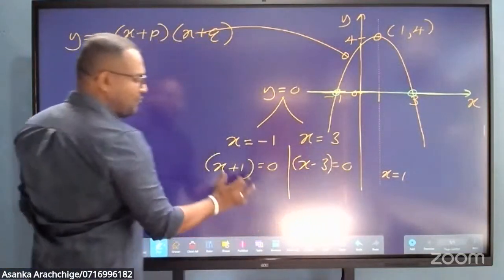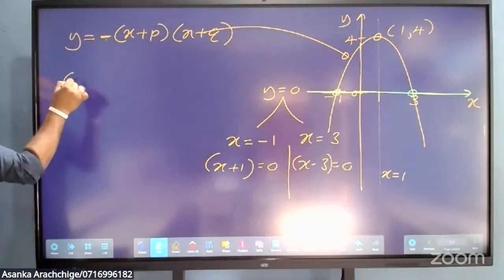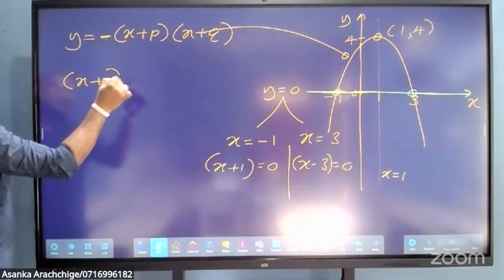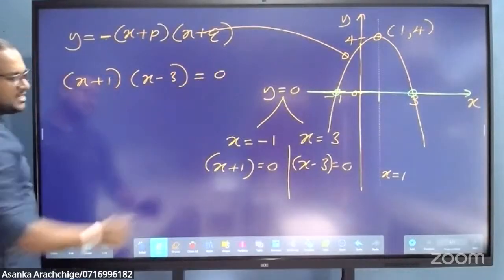Then when this one and this one both are zeros, x plus 1 times x minus 3 also must be 0.